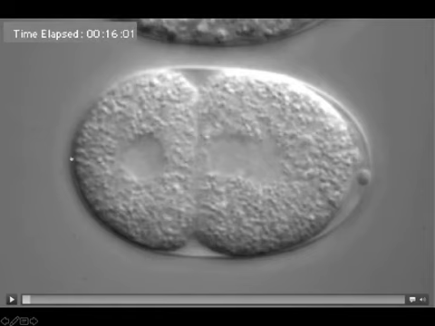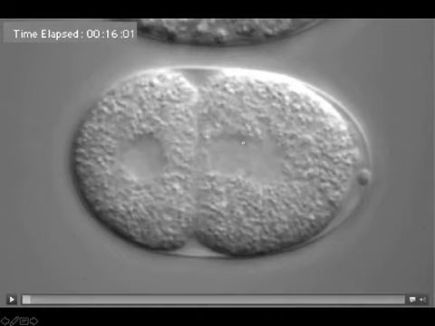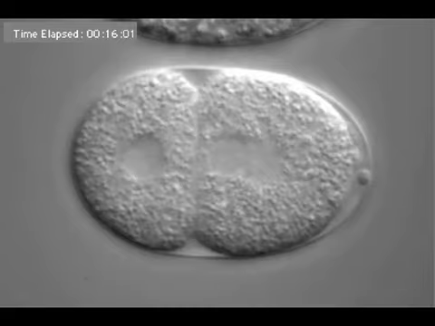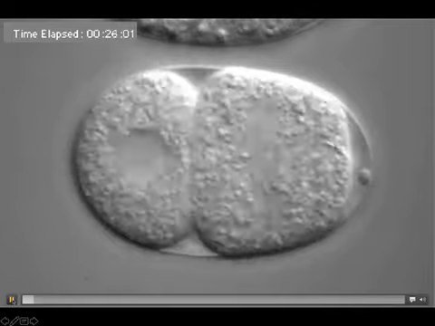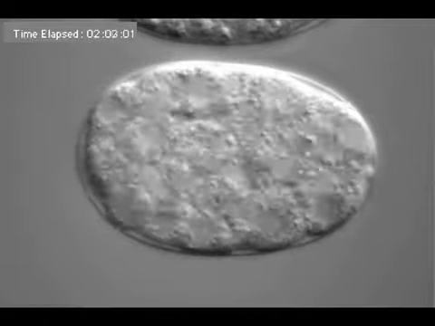And what I'm going to tell you is that the sperm entered here. Okay, so you see the first division. That's the cytokinesis furrow. These are the two daughter nuclei. What do you notice? It's very asymmetrical. Okay, so there's a big cell here, a small cell here, and that's just the first division. And this pattern is going to happen over and over again.